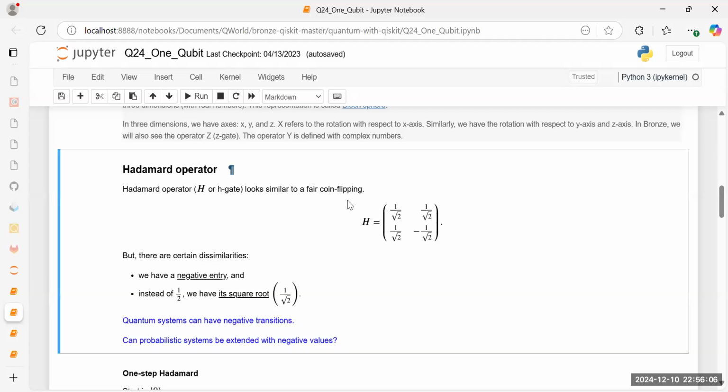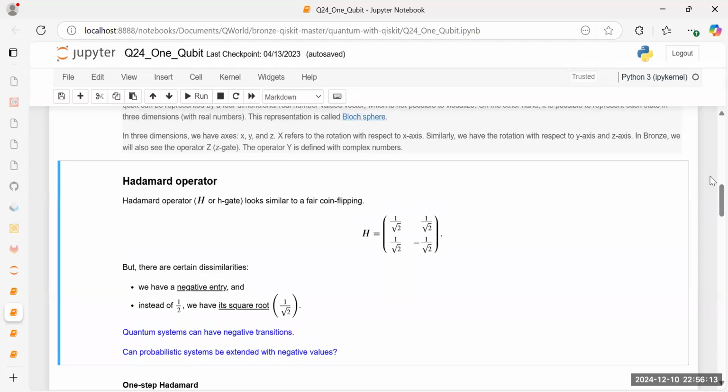But the Hadamard operator is not consistent with what we had with the fair coin flipping operator. When we were looking at the fair coin flipping operator, this was what we had as its matrix.